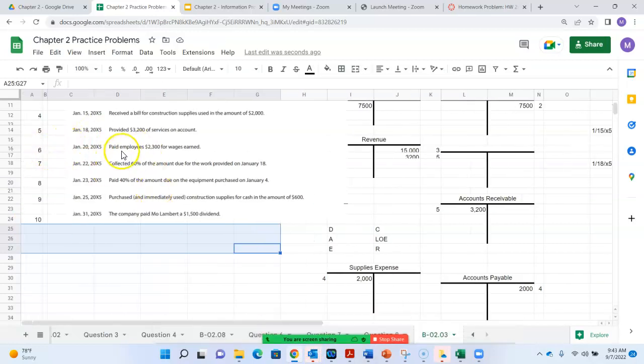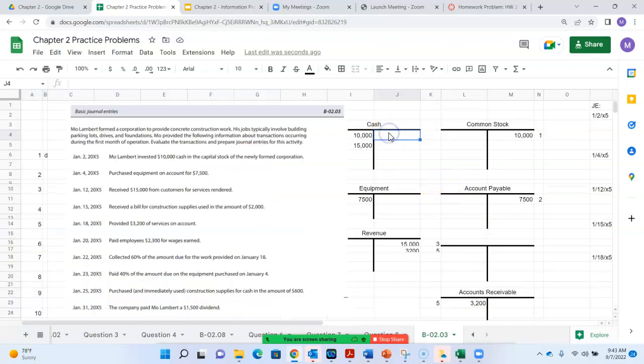Number 6. Paid employees $2,300 for wages earned. So, we paid employees. Cash went out. We need to decrease our cash account. To decrease it, we credit the account. This relates to transaction number 6. And we also need to establish an expense. Paid employees.